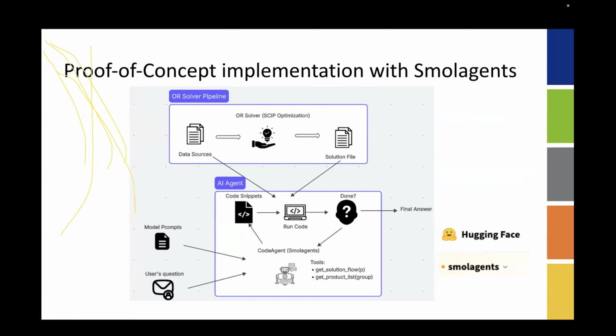So what I did is I wrote code to implement this optimization model. On the top, you will see there's an OR solver pipeline. I'm using the public, open source solver SCIP to solve these problems, and it takes the data sources that are provided along with this paper as input and produces a solution file.